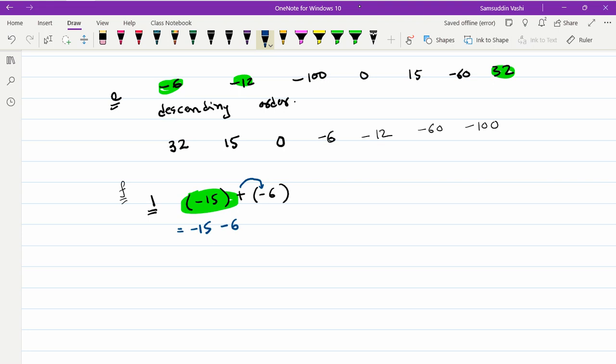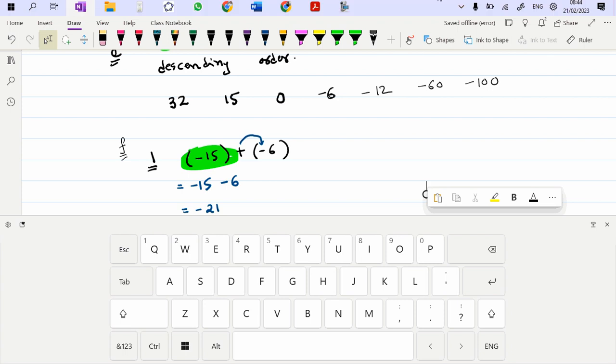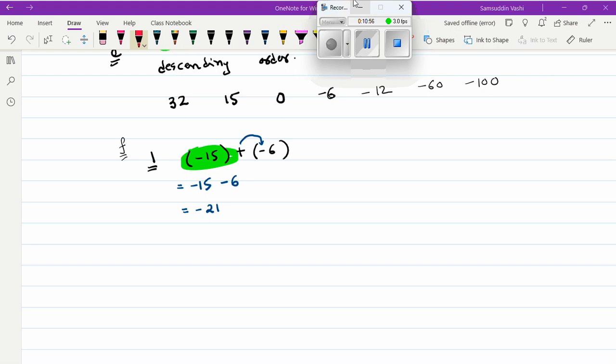Okay. So now borrowed 15 and borrowed 6. So total borrowed 21. It was number 1. Did I give you 2? No. 3. Okay. So for 3 there is no sign there. Now number 3.